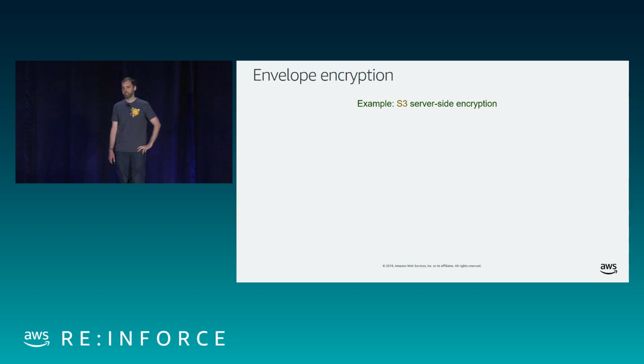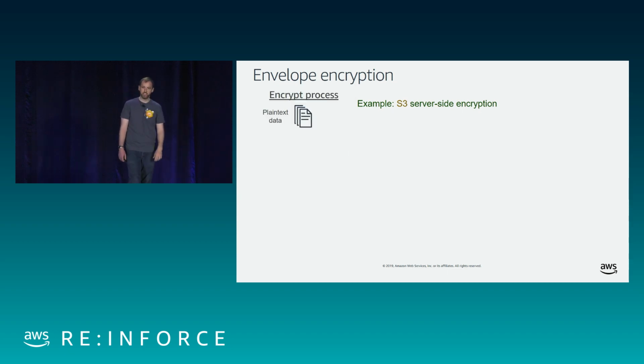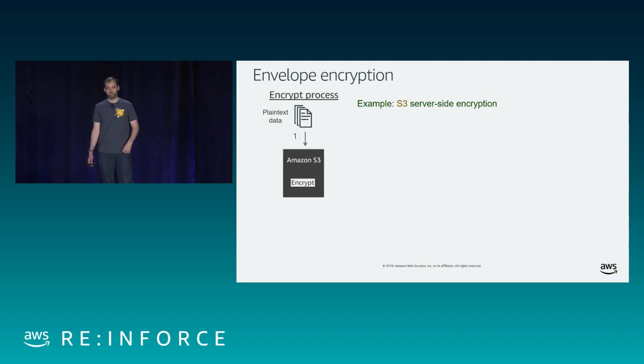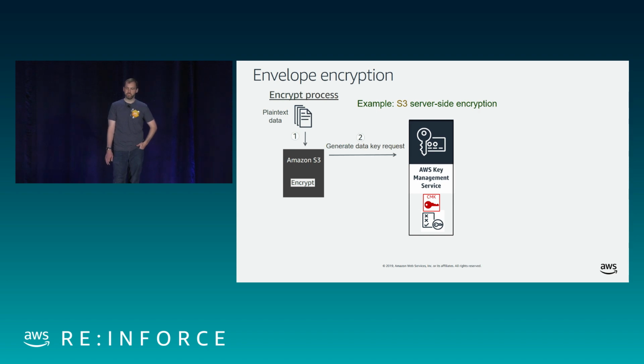All right, first diagram of envelope encryption. We're going to start with server-side encryption with S3 using KMS. You start out with your plain text data, loaded into S3, hopefully using something like SSL. S3 makes a request to KMS to encrypt that data. KMS checks the key policy assigned to that customer master key to make sure you've given S3 permission to access this key.